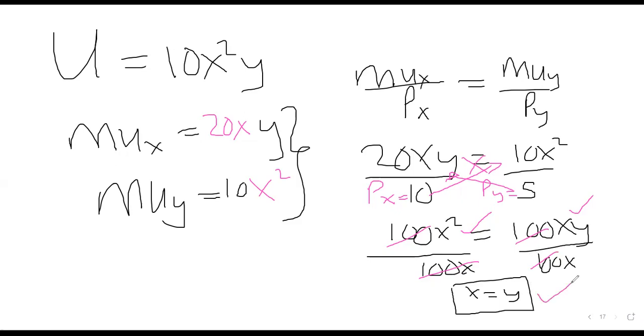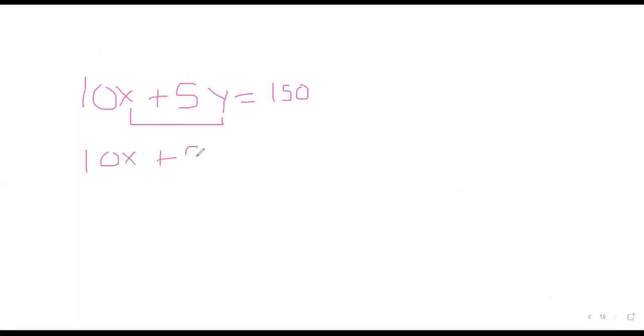So after we find our x is equal to y, we go back to our budget line, which was as follows: 10x plus 5y was equal to 150. Since x is equal to y, we can choose any of them to substitute as long as we have one letter. So I have x, so where there's y, I'll put x. So this will be 10x plus 5x is equal to 150.